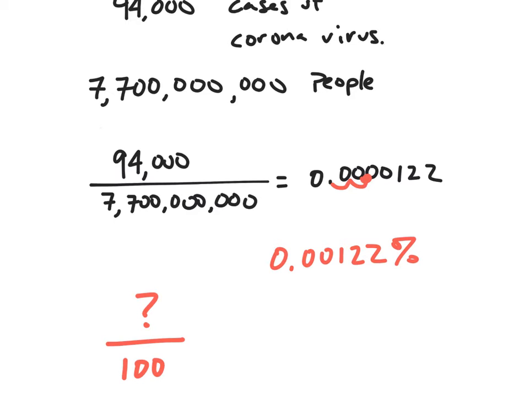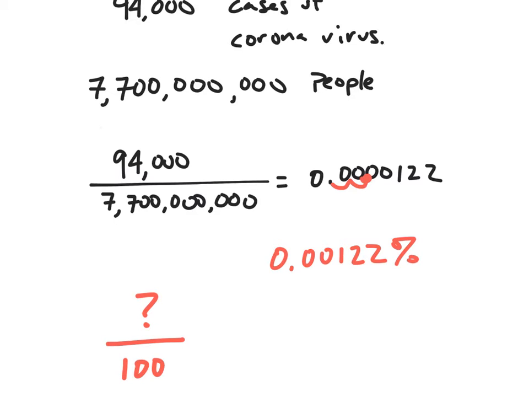These are the numbers. Now, if you're an educated human and the media is freaking you out because the coronavirus is everywhere, it is a legitimate concern. However, 0.00122% of people have coronavirus.